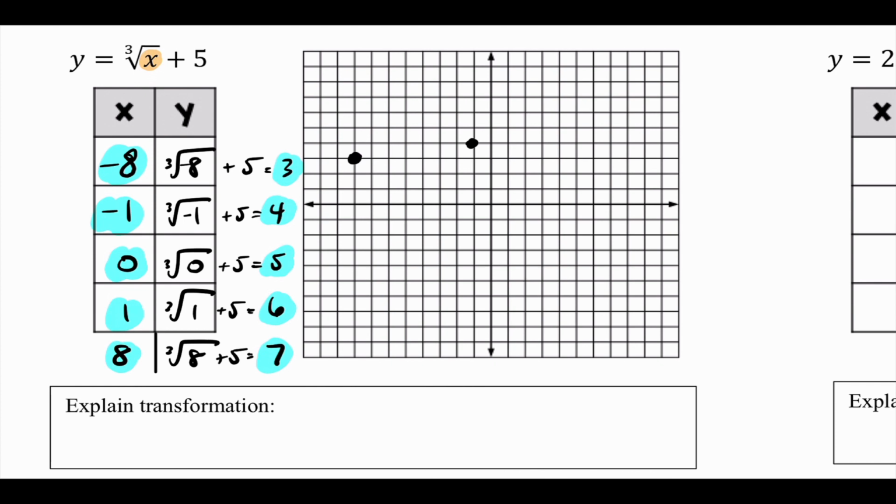Next dot, 0, 5. 1, 6. 8, 7. Okay. Draw the picture.